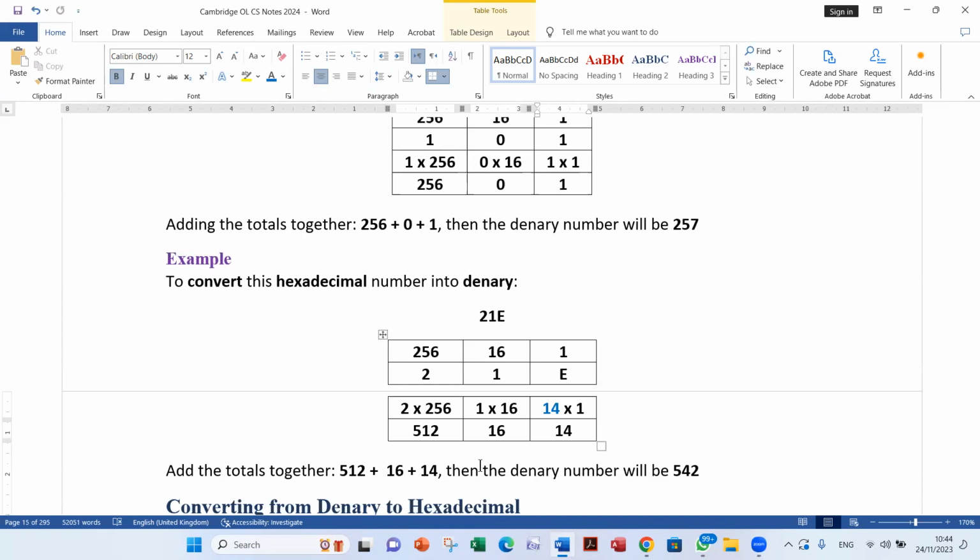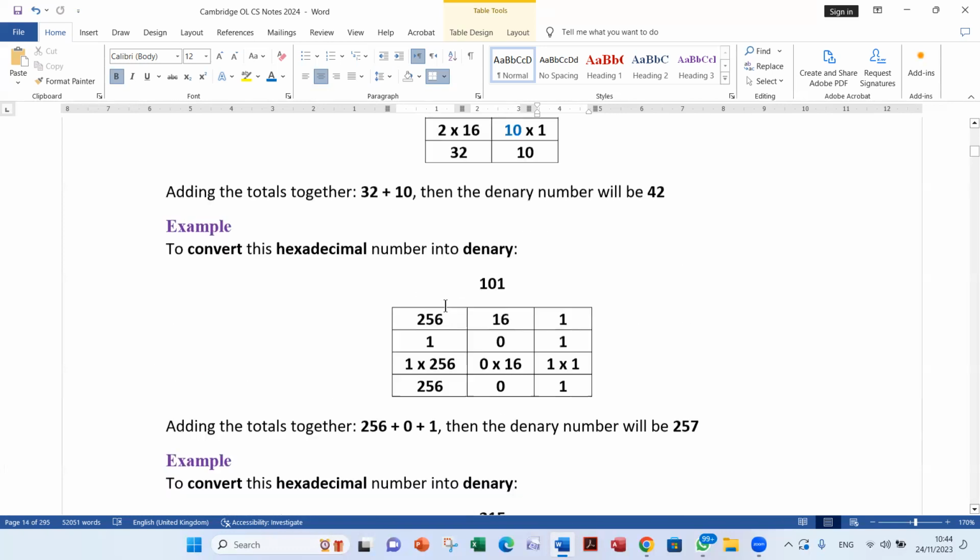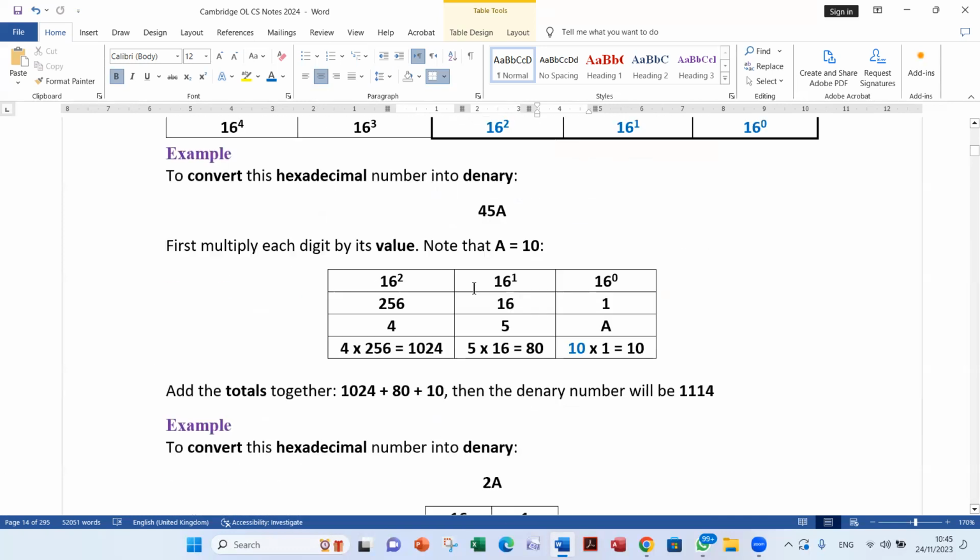However, now we want to study how to go from denary to hexa. The point is, from hexa to denary, you multiply by 16. When you do the opposite, denary to hexa, you will be dividing by 16 and finding the remainder. That's why it will be very helpful, for example, to memorize that 5 by 16 is 80.